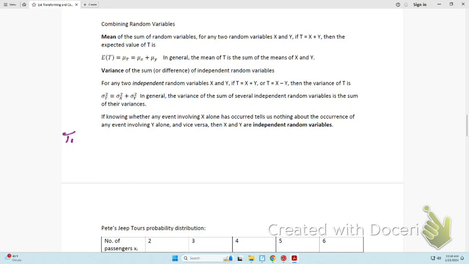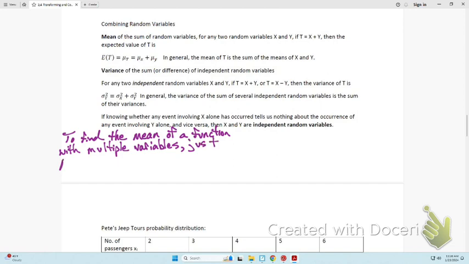So to find the mean of a function with multiple variables, just plug in the mean of those variables.